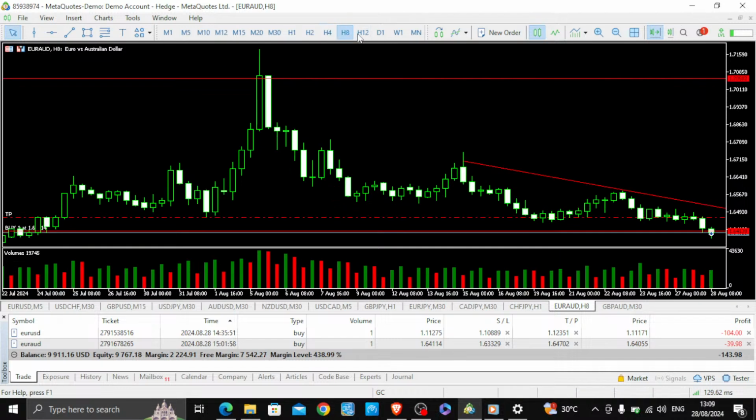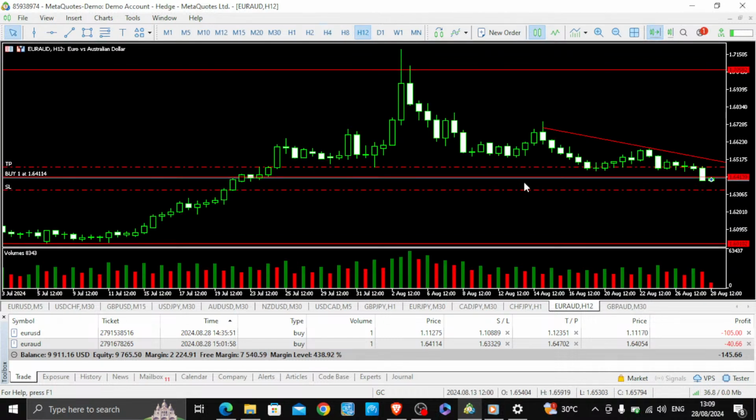Let me check my stop loss. It is 531, which is too much, because of the volume I'm using. I'm using a high volume.